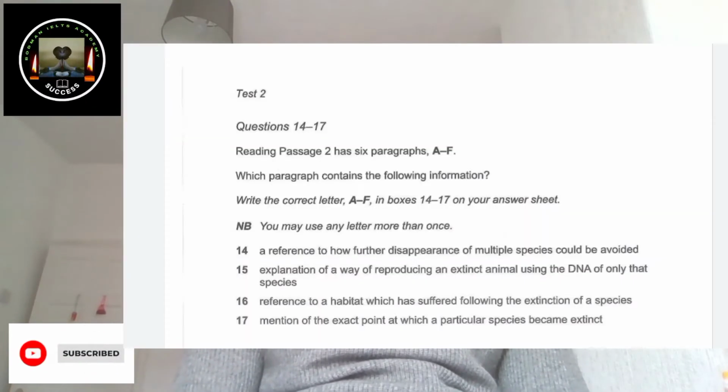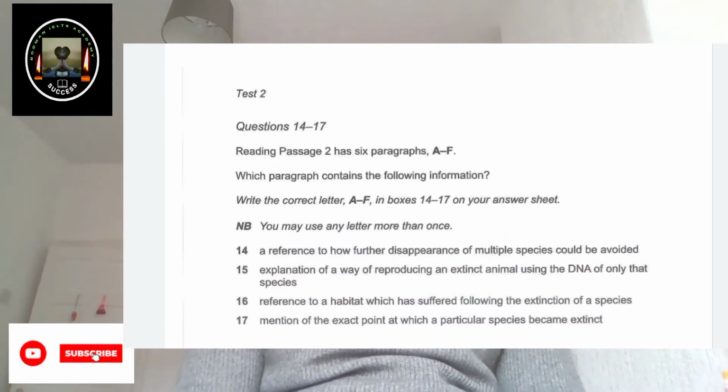So when you go to paragraph A, for example, I will use a question that has NB, "You may use any letter more than once," so that you understand what I'm talking about.